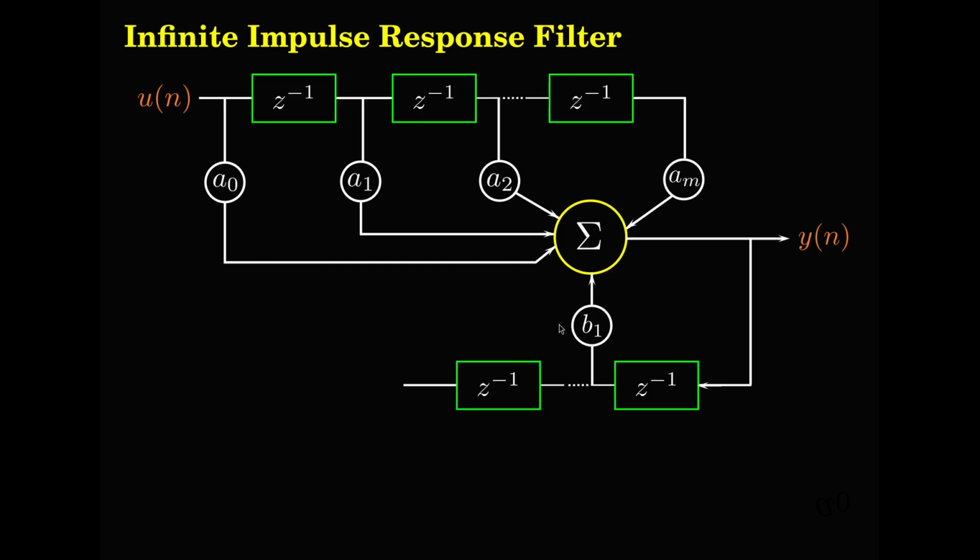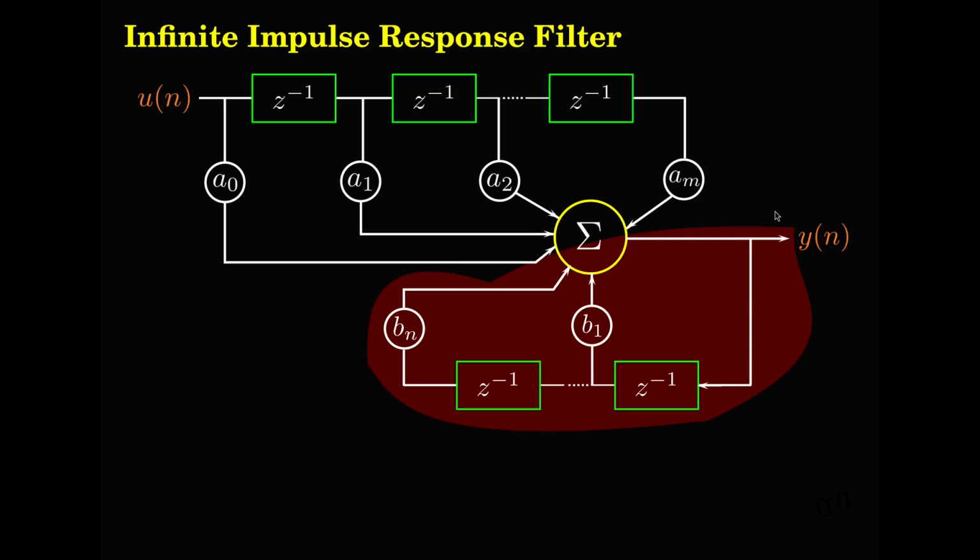For the feedback delay blocks also I will use the scale factors B1 to Bn. And then connect it up in this fashion, and together yn will be the summation of all these signals put together. Now this is the feedback part, and this is the new addition which results in the infinite impulse response filter, or the IIR filter.